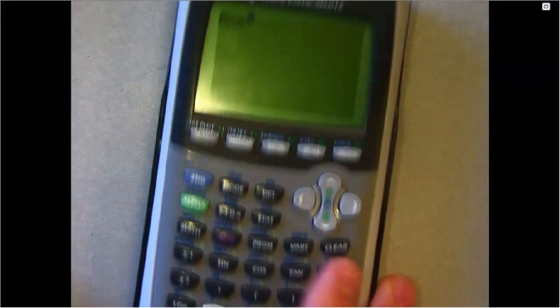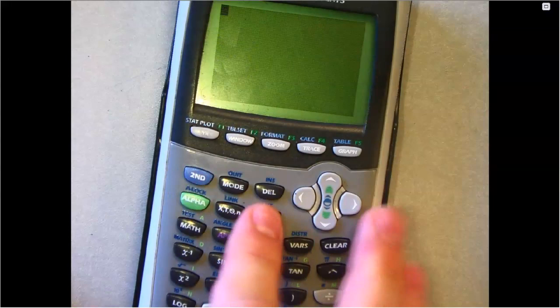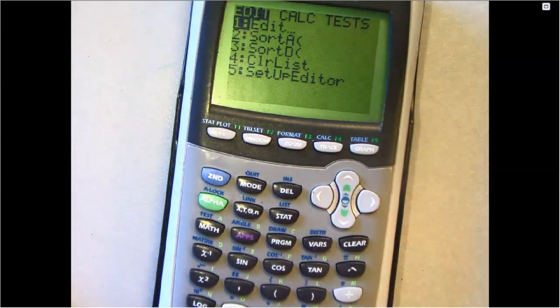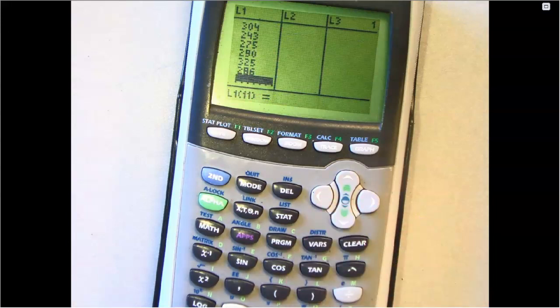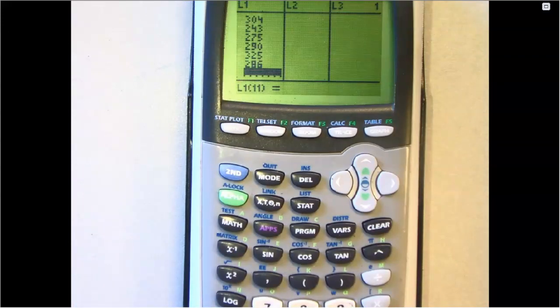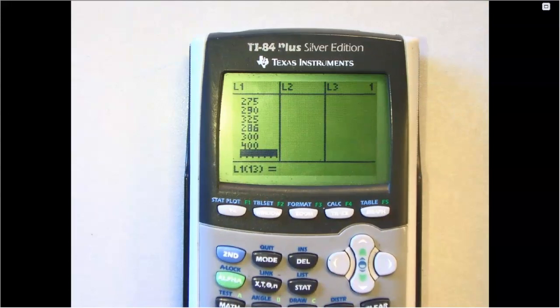Okay. Second thing I want to show you is go back and change. Let's go to your list again and edit it. I'm going to put 2 more values at the bottom, like 300 and 400. Now go back to your test.